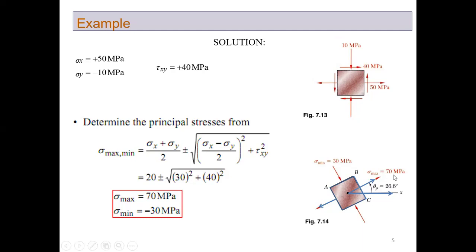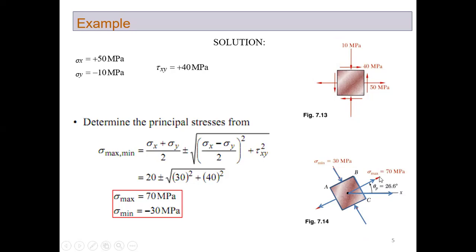The first principal stress is 70 megapascals, and the second principal stress is 30 MPa, but it is compressive. So put the arrows in the downward direction, so that it is clear that it is compressive stress. This is sigma maximum, this is sigma minimum: one principal stress, the second principal stress.